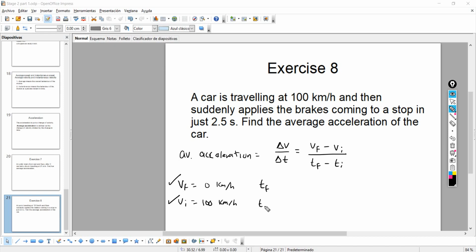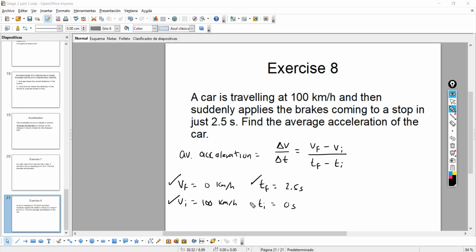What about the times? What is the initial time? Again, we can decide that it's going to be 0 seconds. And then after 2.5 seconds, it's going to arrive at 0 kilometers per hour. This is the time it's going to take the car to completely stop. 2.5 seconds. That's kind of quick because it was going very fast.